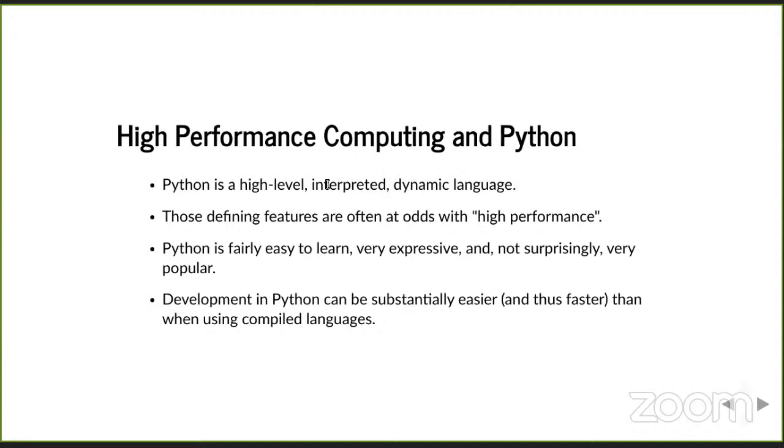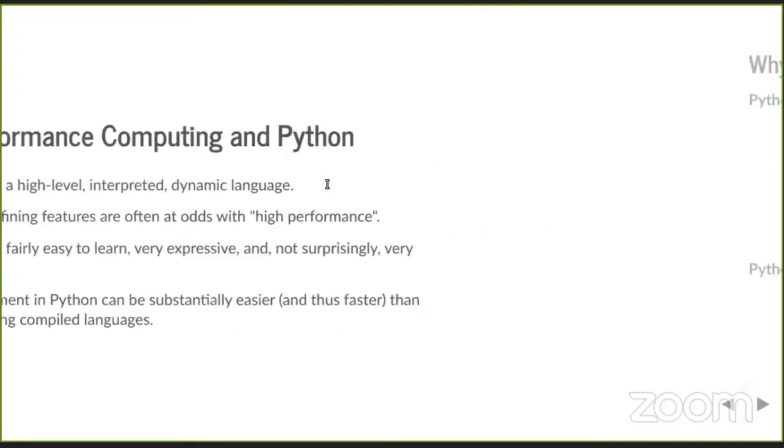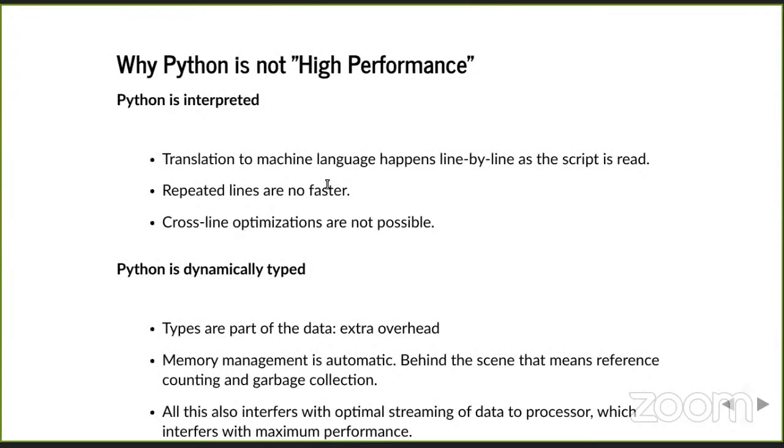But it's not high performance, and there's a few main reasons why. Python is what we call an interpreted language. The way it's supposed to work at its basic level is that you give Python a command, which is like a text format. It reads it, it interprets the syntax, it then figures out what to do because of the command you gave, and then starts executing this.